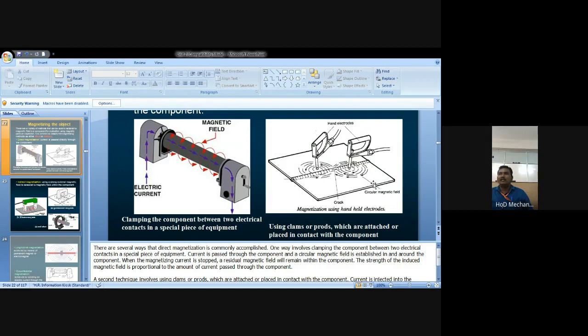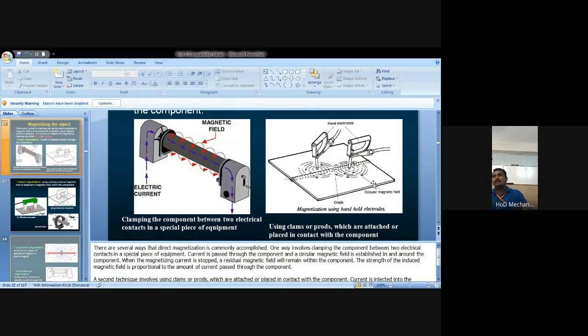You can also use hand electrodes for this testing method, magnetizing the given testing specimen using handheld electrodes, with a clamp or probe which are attached or placed in contact with the component.